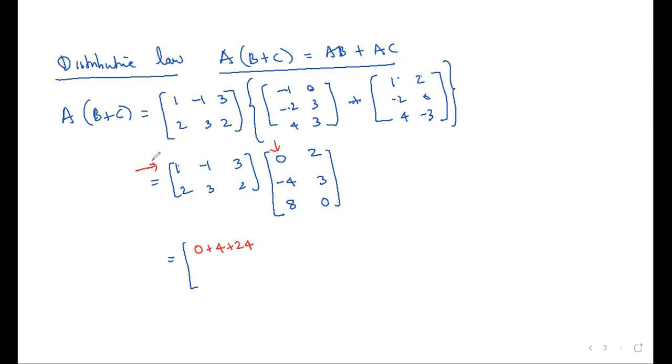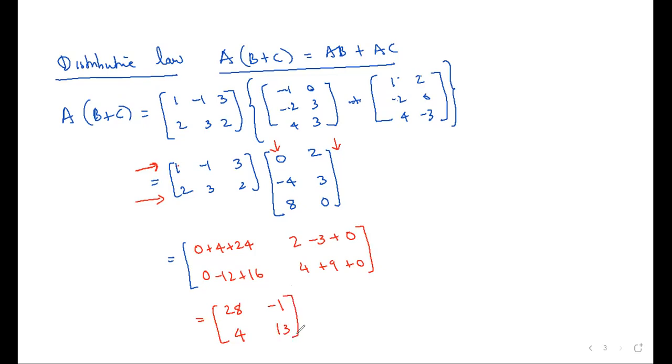Then 2 minus 3 plus 0. Again, sleeping versus standing. 0 minus 12 plus 16. 4 plus 9 plus 0. That is 28, minus 1, 4, 30. Understood that? Yes, sir. Now we will calculate which one?